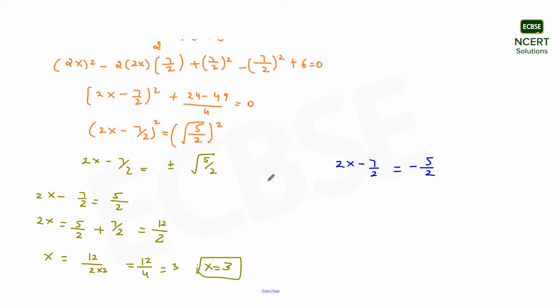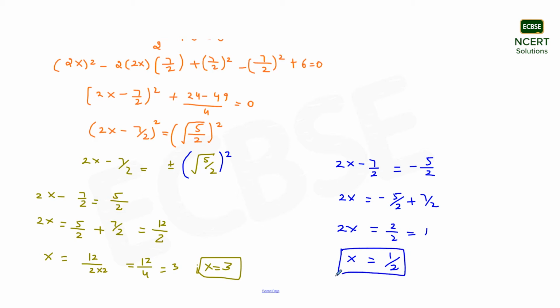So now I can write 2x is equal to minus 5 by 2 plus 7 by 2. That is 2x is equal to 2 by 2, or I can say 1, and x comes out to be equal to 1 by 2. So the two roots of x are 3 and 1 by 2.